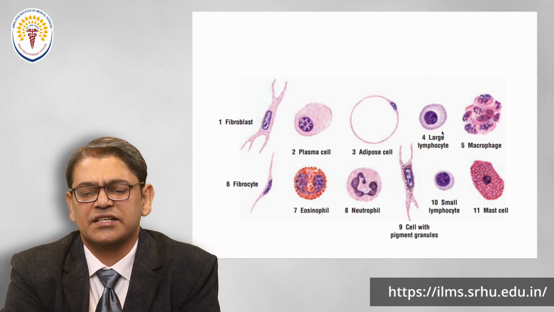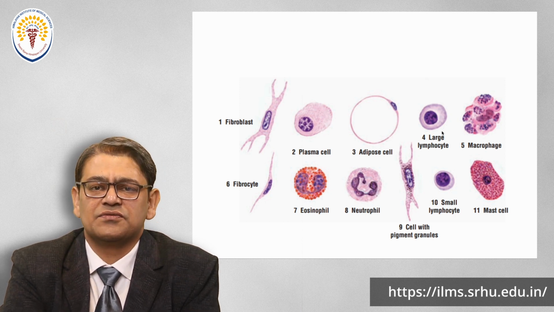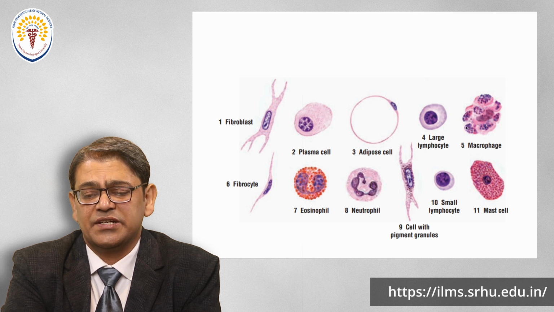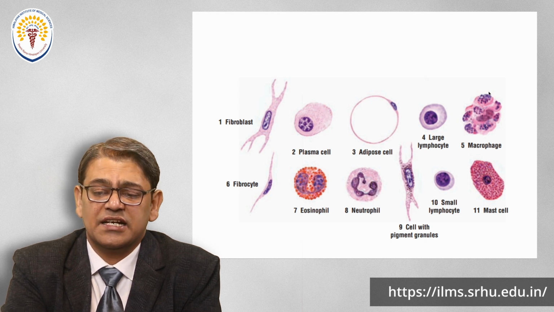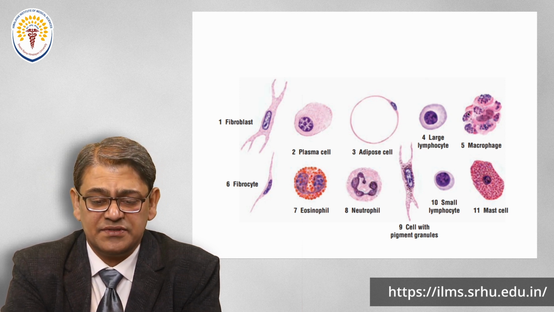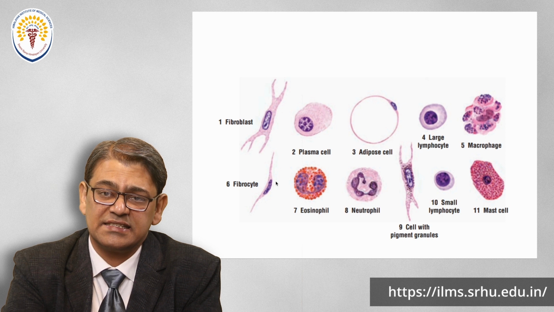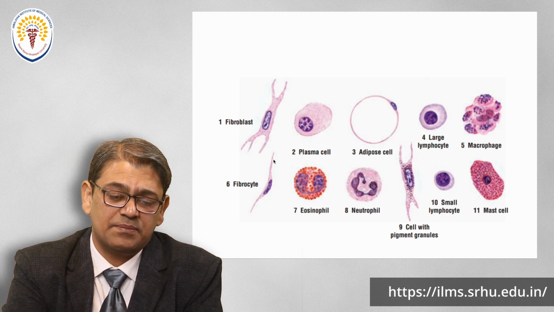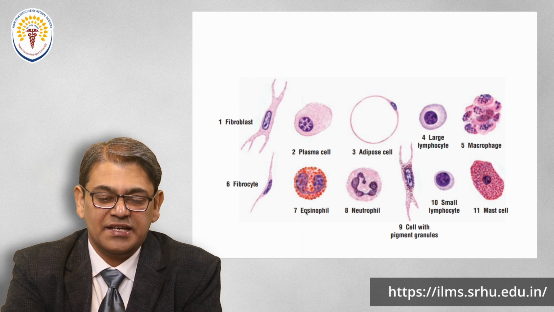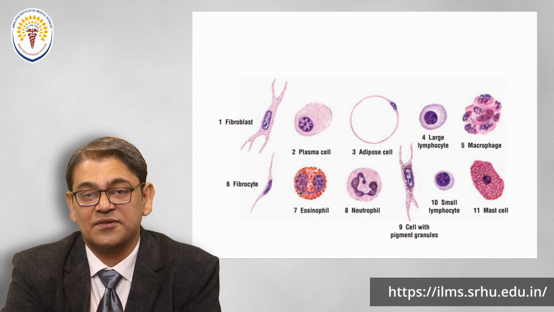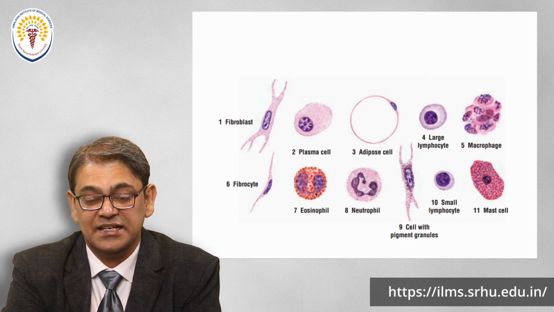Of course, these cells serve the purpose of immunity, and there are many macrophages present which are eating these. These are the fibrocytes, and fibrocytes are the cells which are not forming fibers and are present on one side.